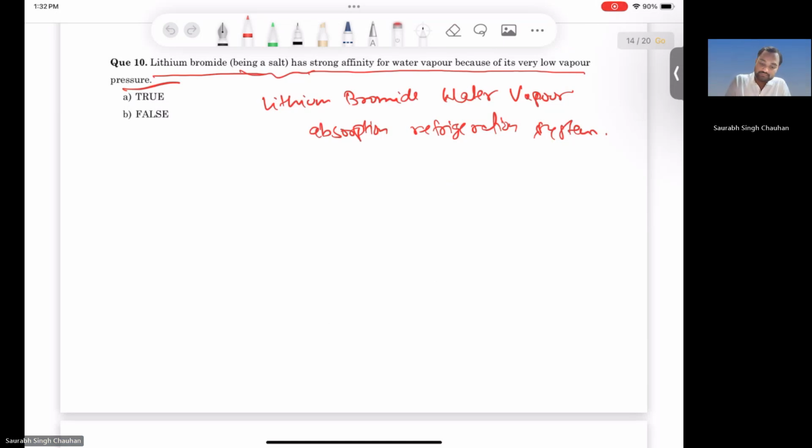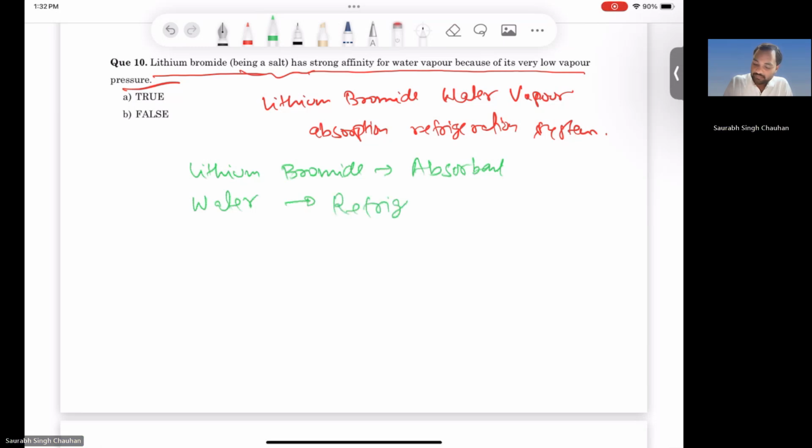Okay, so here lithium bromide is the absorbent, and water is your refrigerant. Water vapor can be easily absorbed in the lithium bromide because it has very strong affinity for water vapor.